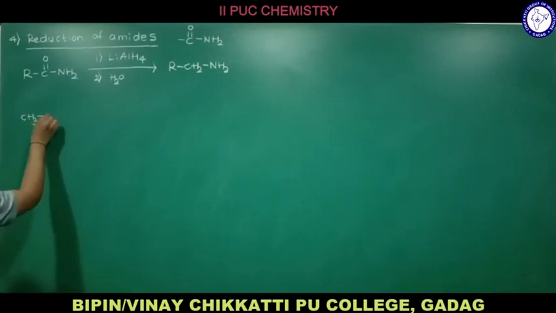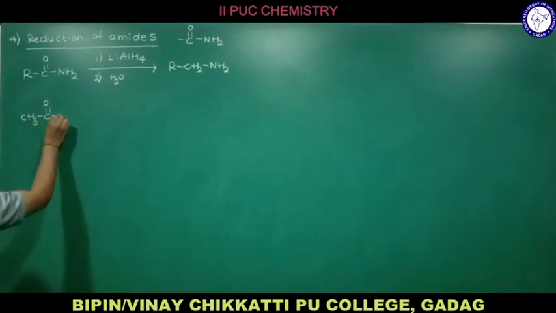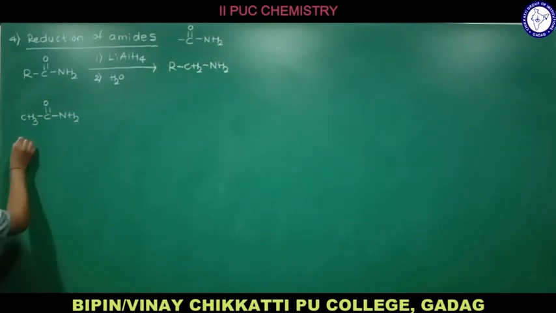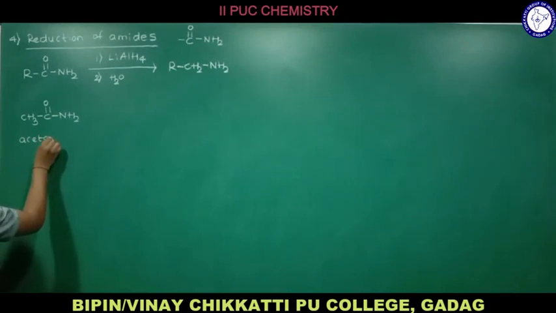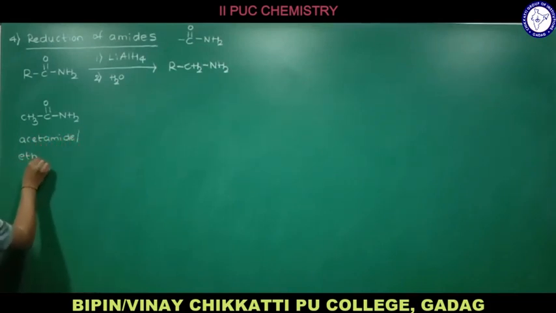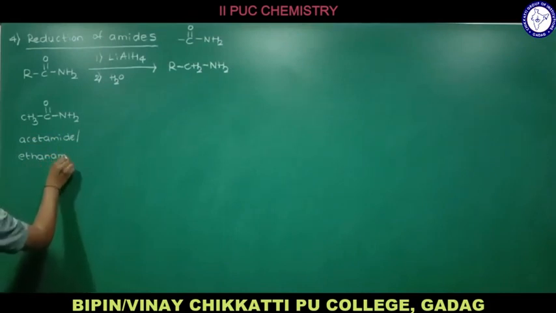CH3 C double bond O NH2. The name of this compound, I call it acetamide, or you can call it ethanamide also. It is an amide, and since we have two carbons, ethanamide or acetamide.